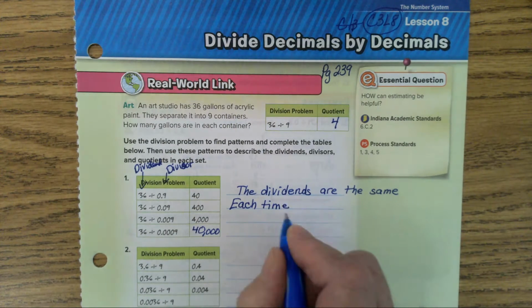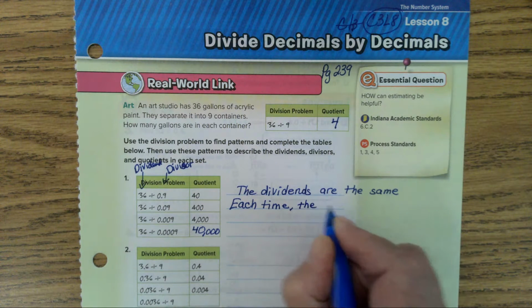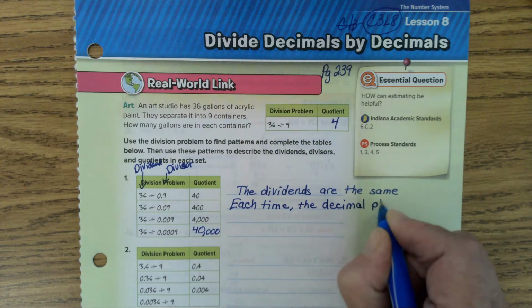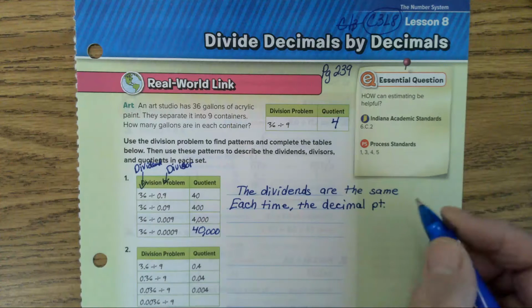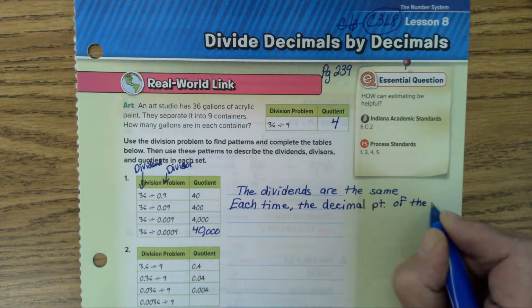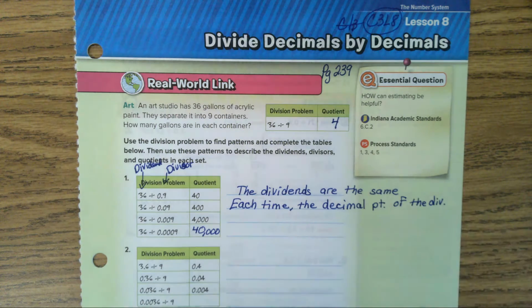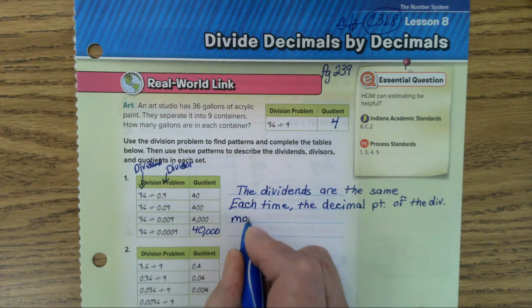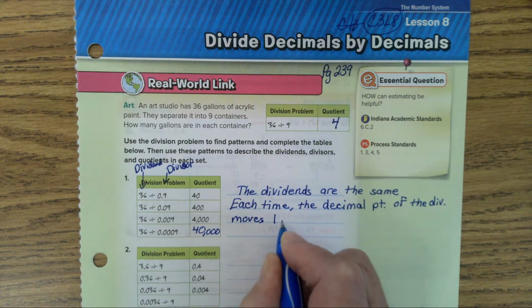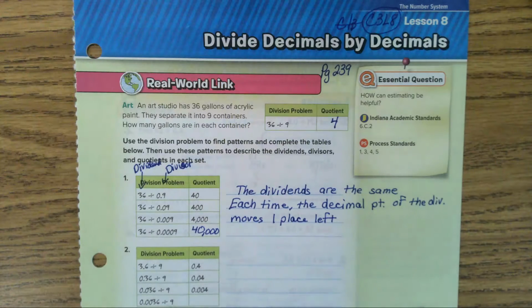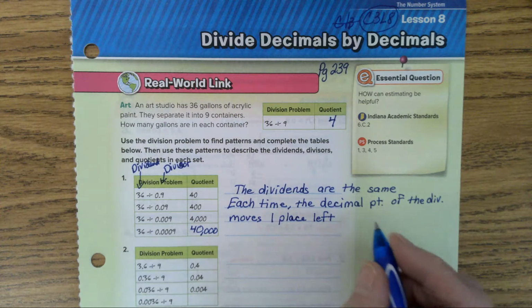Each time the decimal point of the divisor, I'm just going to use div for the word divisor, moves one place to the left, the decimal point of the quotient moves one place right.